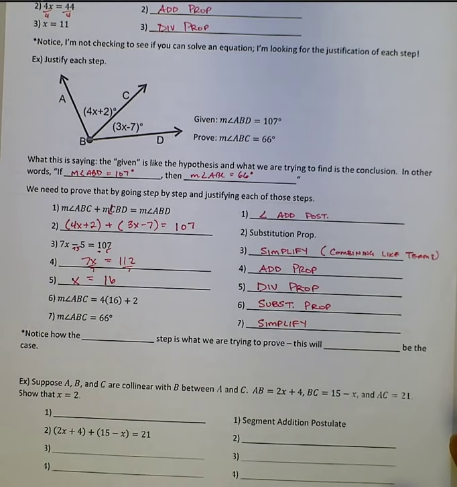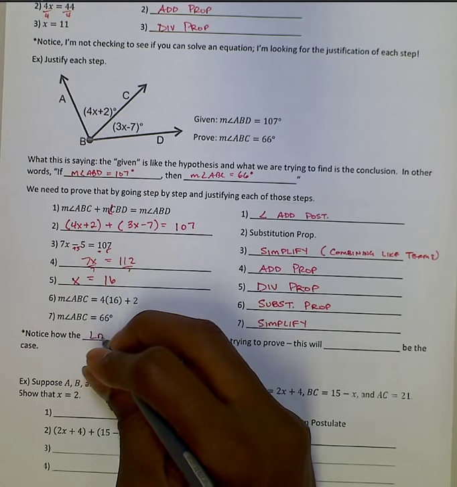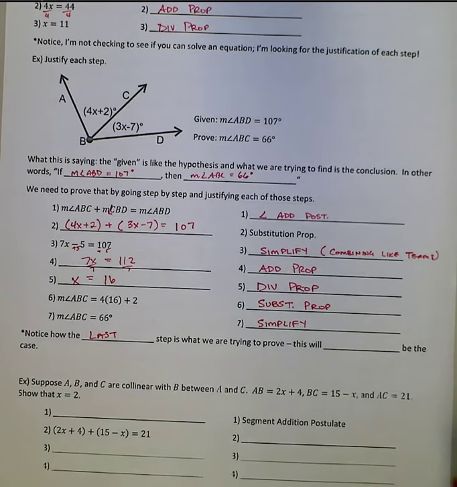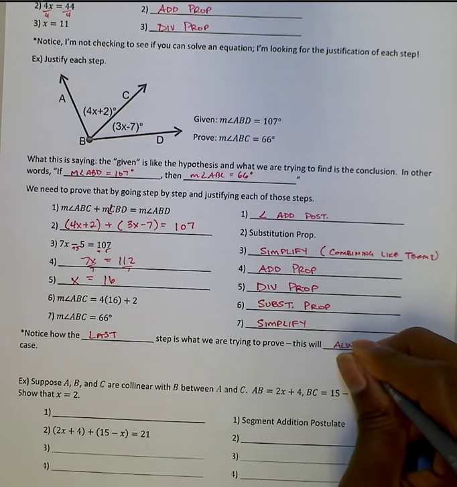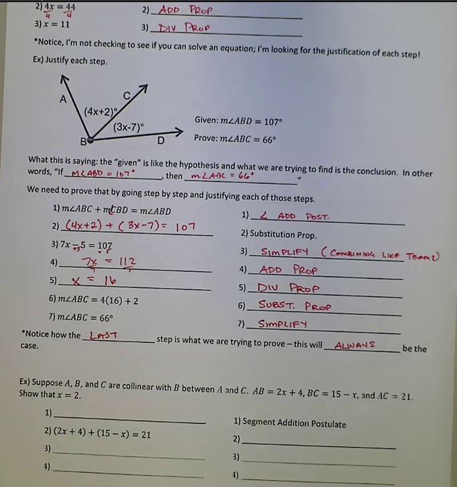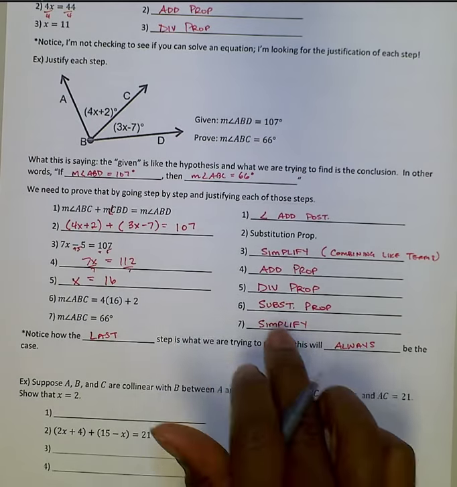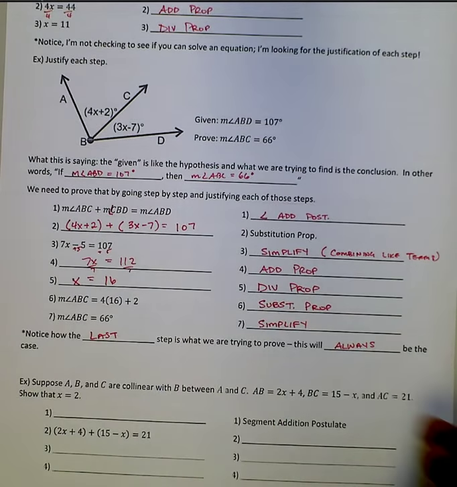Notice how the last step is what we're trying to prove. This will always be the case. The old saying goes, it's always in the last place you look. When you lose something, you say it's always in the last place you look. And that's what we're doing here. They asked us to prove that this thing is 66.